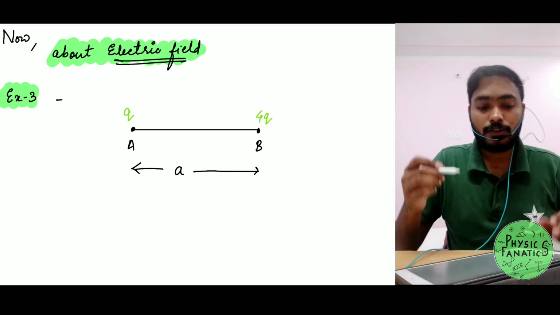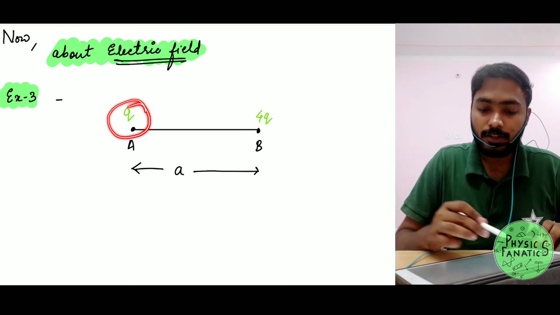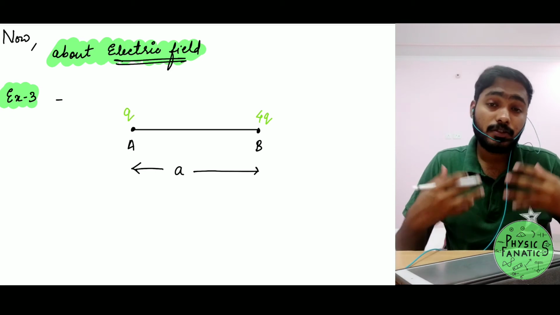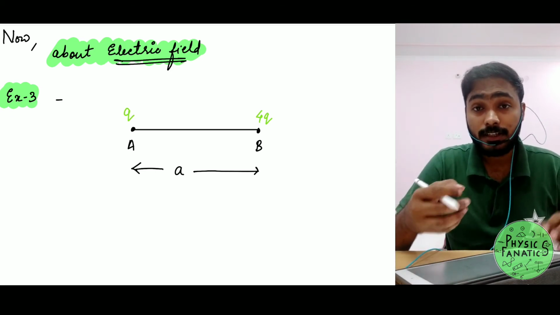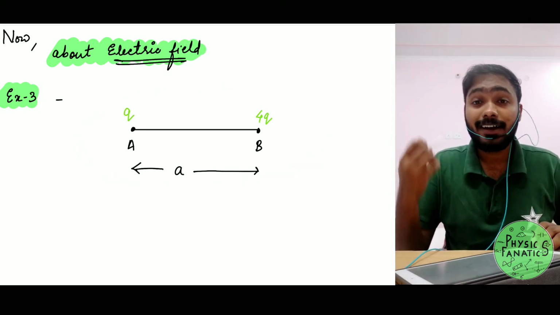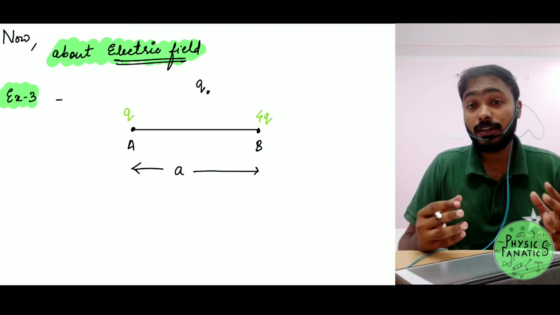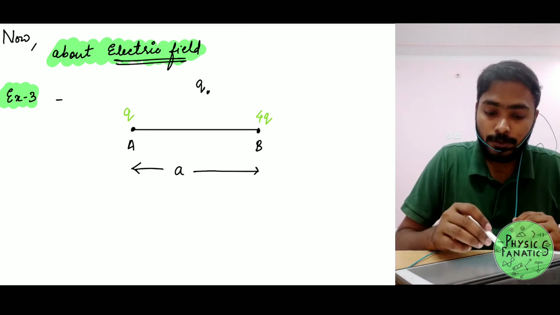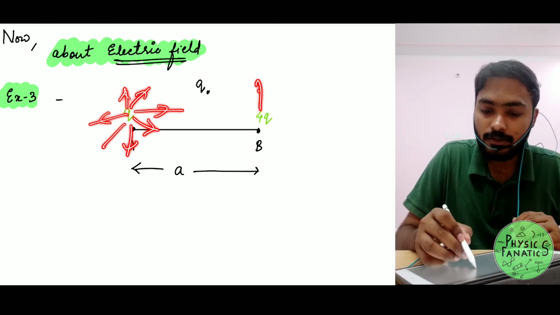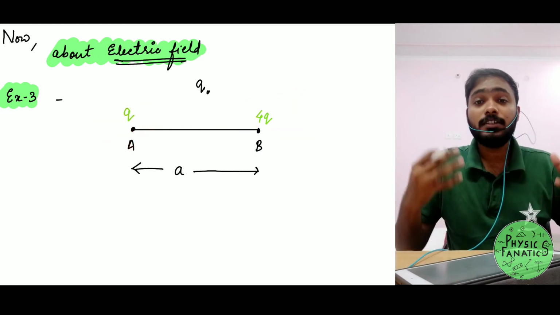Clear? Great. So now about electric field, as you can see over here, I have a q charge, I have a 4q charge, right? In the previous one, we talked about force. In the force case, whenever I brought a q charge, there was a force of repulsion. But in this scenario, we are going to bring a test charge, right? So let's say I brought a test charge. Now this test charge is going to experience force because of the electric field of both the charges, right?